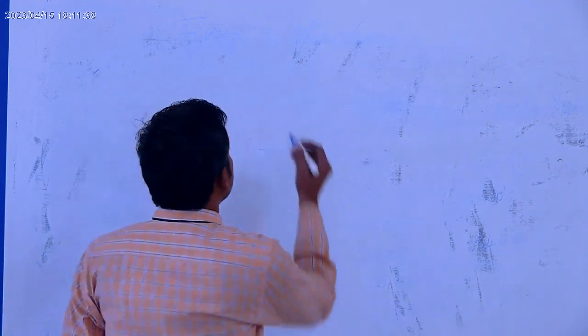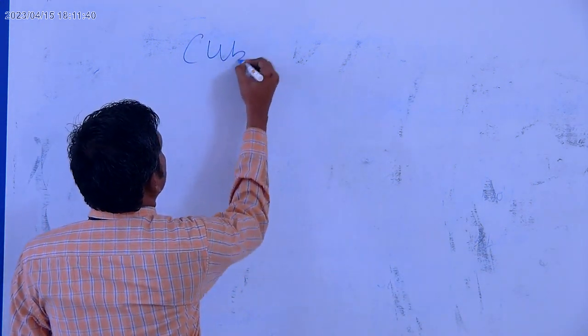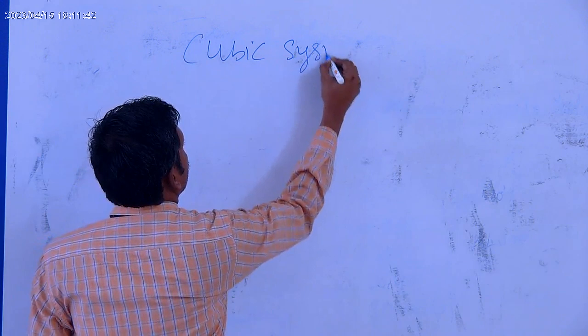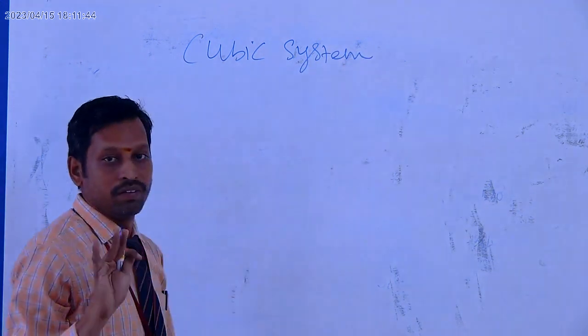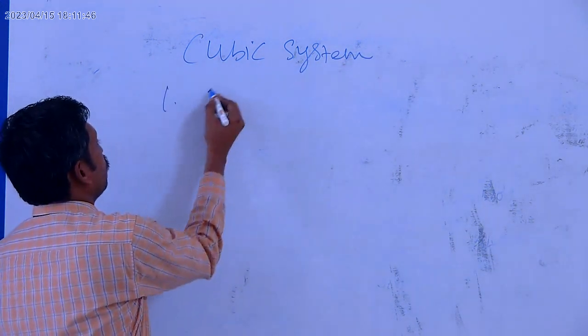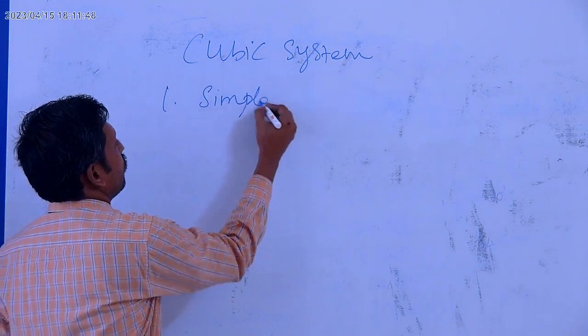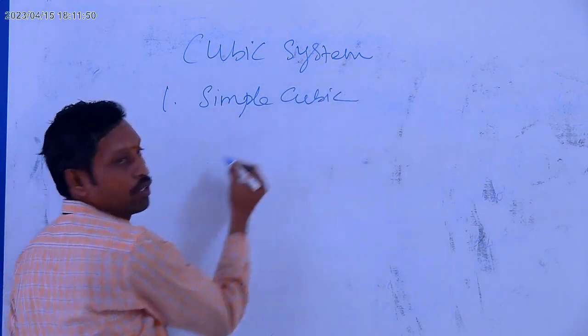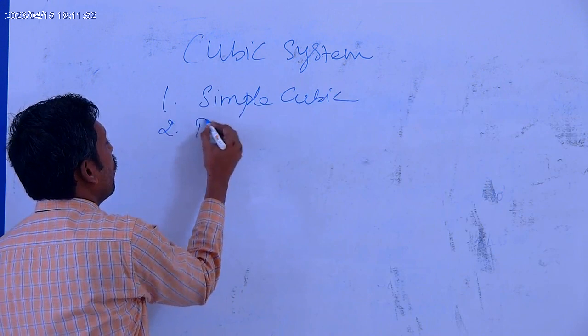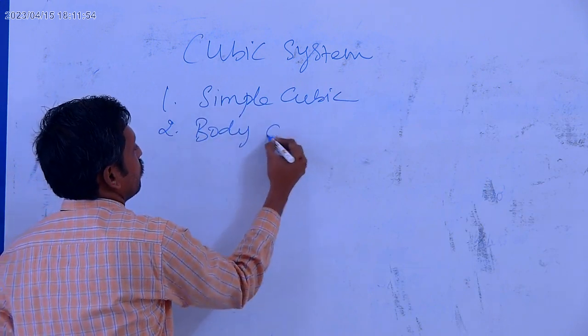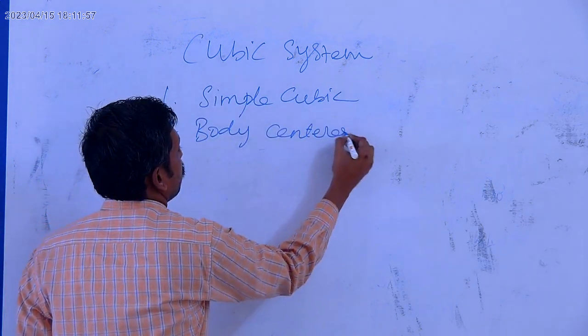So in the cubic system, three various lattices are available. First one, simple cubic. Second one, body centered cubic.